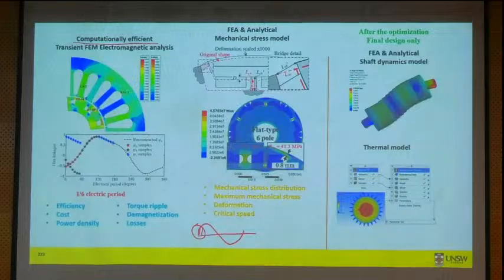So partly it was done analytically, and partly in FE to reduce time. You can find our papers on how this accurate mechanical stress model was developed. You can also read about how the multiphysics optimization was done for the high-speed motor and how it was found.